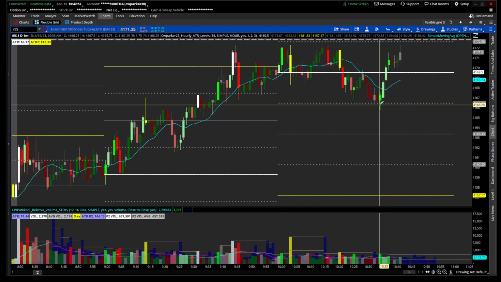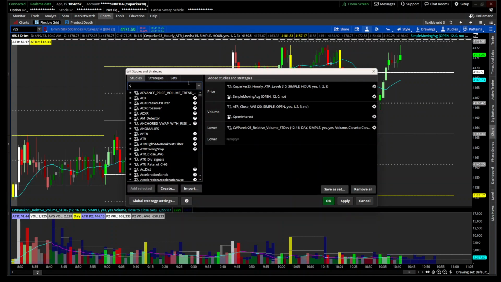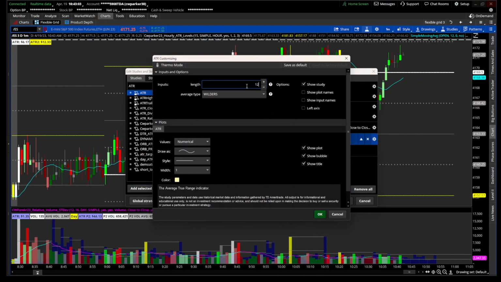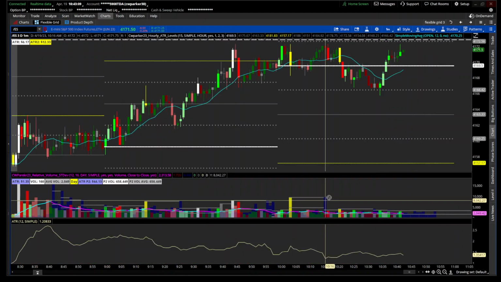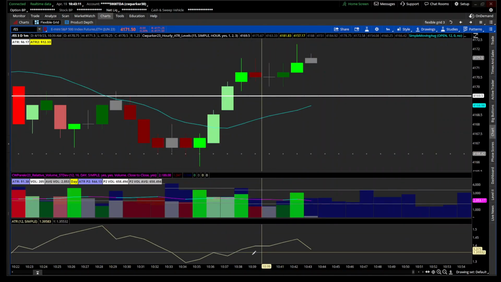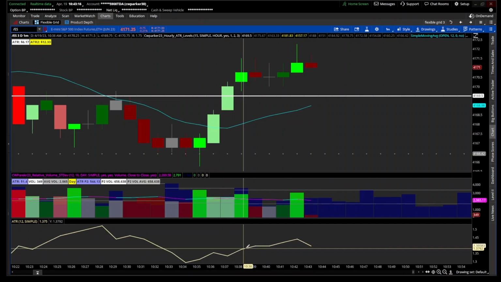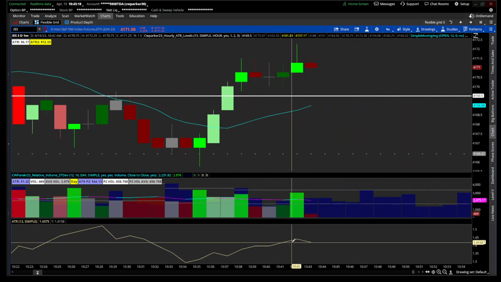But price wise, you look at volatility, we go to the ATR. We zoom in. So volatility is increasing on this 1 minute chart according to ATR.